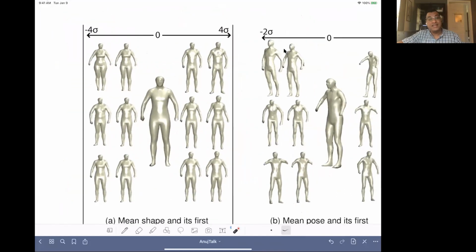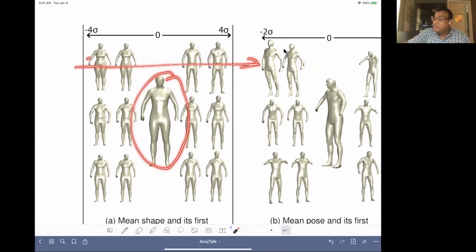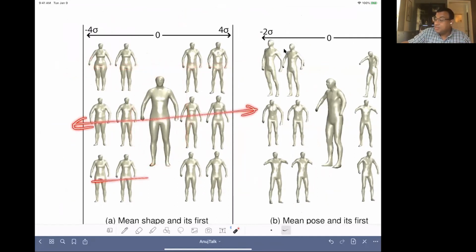We can ask, what is the most common mode of variability in the human body? So we compute this average shape and we visualize the shape variability along the first principal component, the second principal component, the third principal component, and so on. A lot of people agree with us that the first principal variability in the human body is along the male-female bodies.